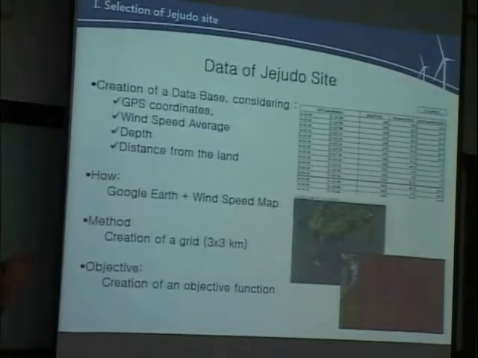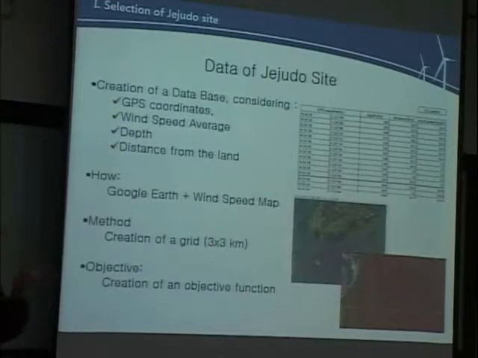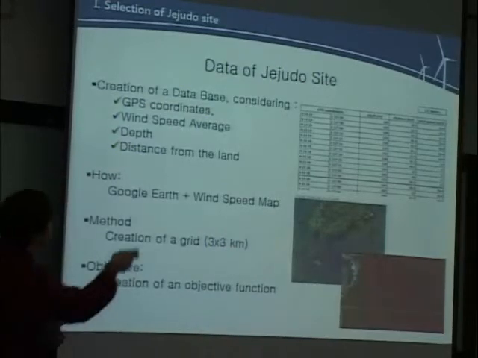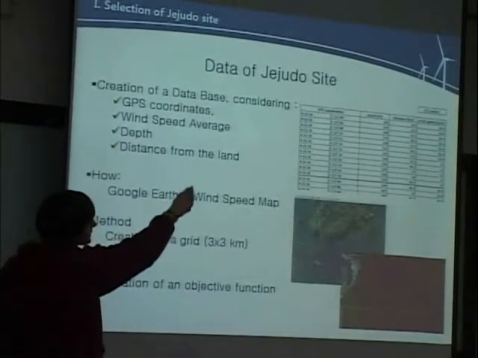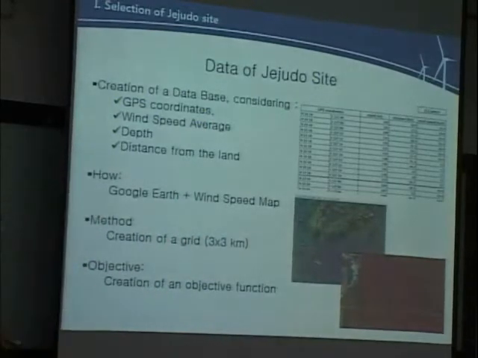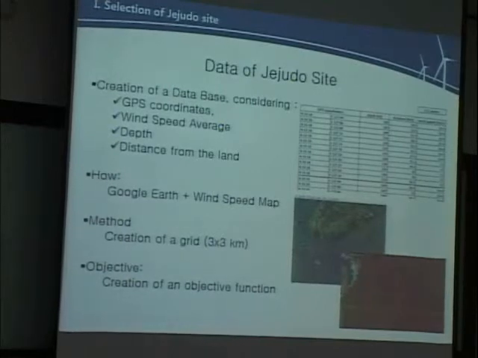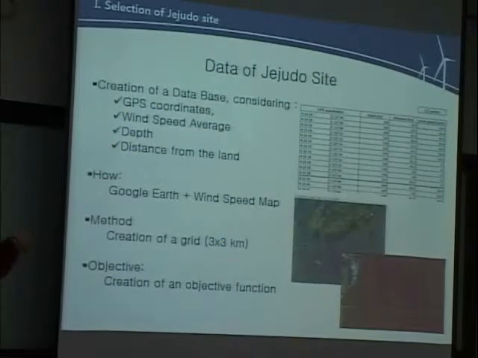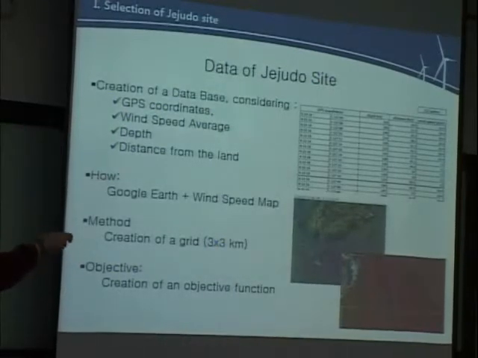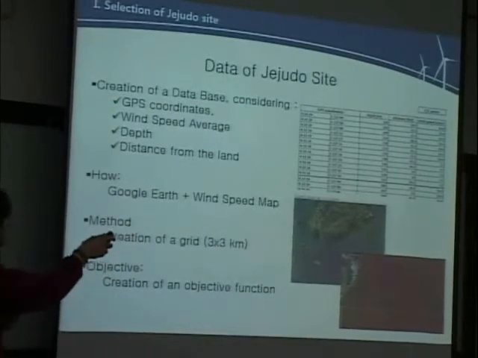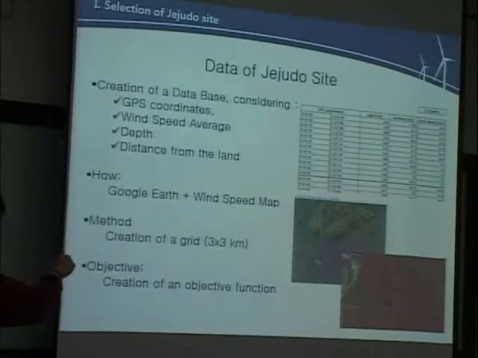But Jeju Island is not precise, so we need to determine the exact location of our wind farm. So we created a database with some data: GPS coordinates, depth, distance, and wind speed for all the sites of Jeju Island. To do this, we used a mix of a wind speed map and Google Earth to determine all this data. We had 112 points, and to determine all these points, we used meters.